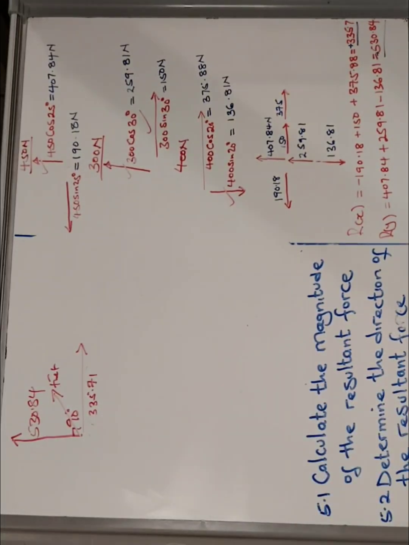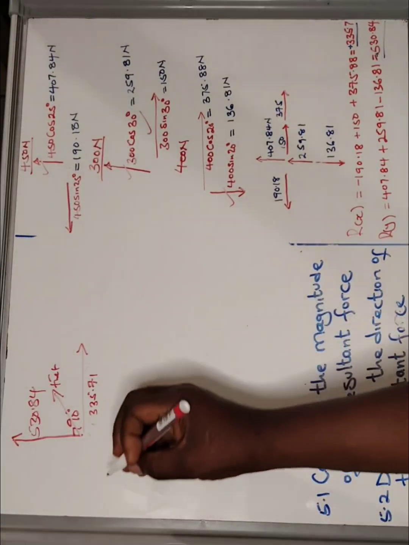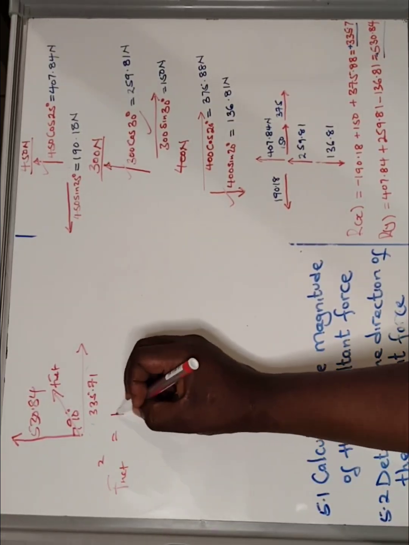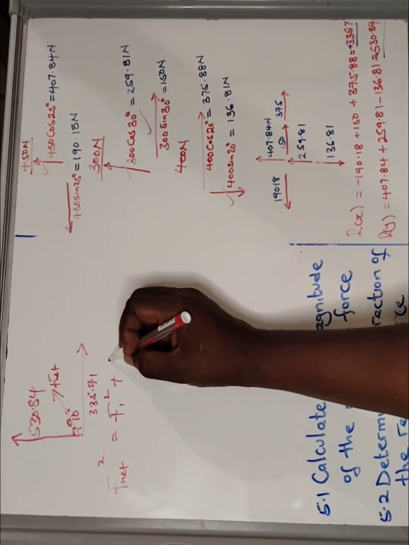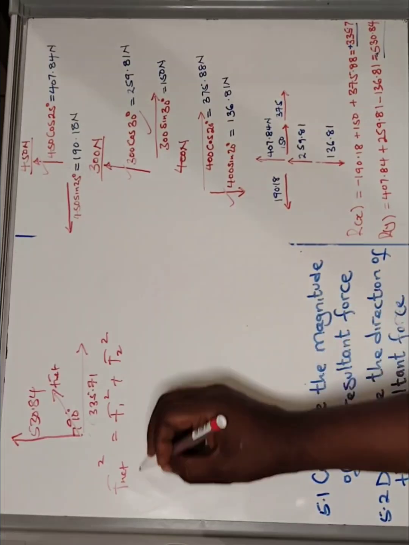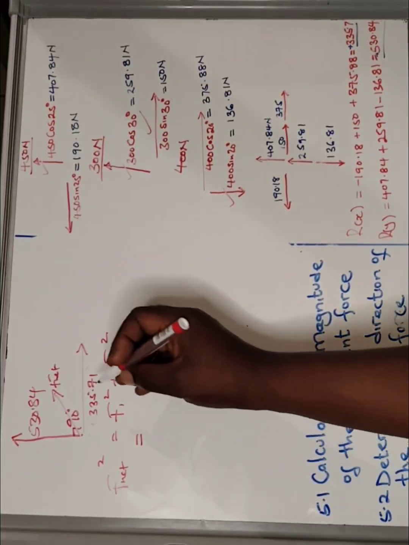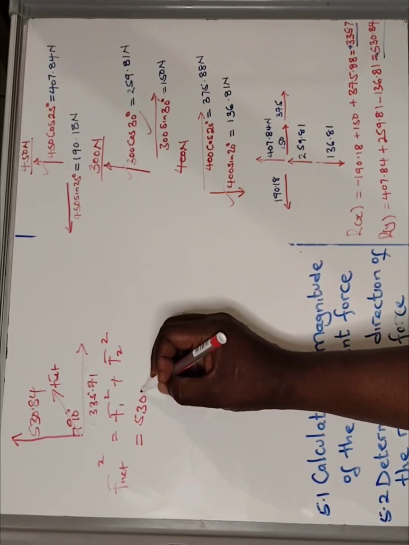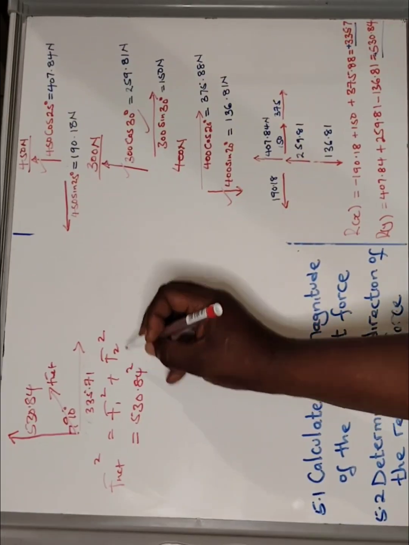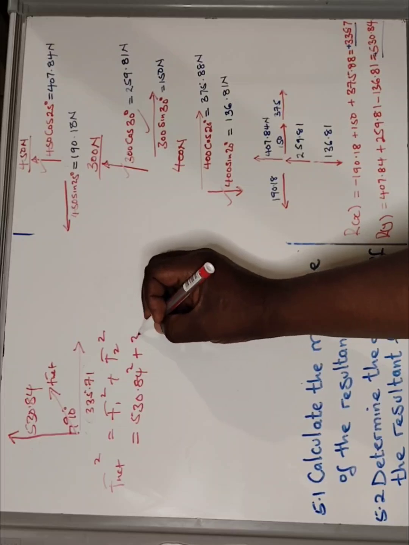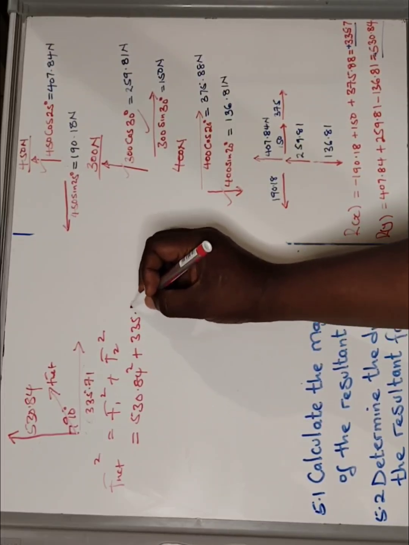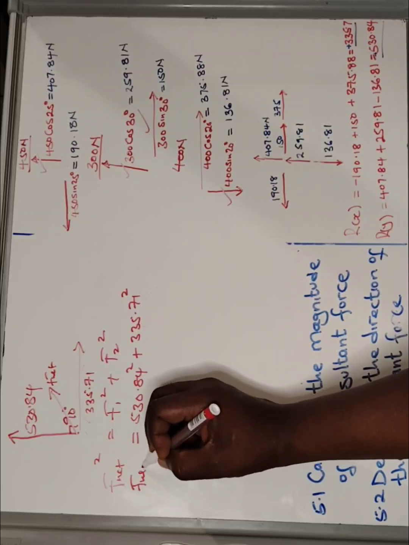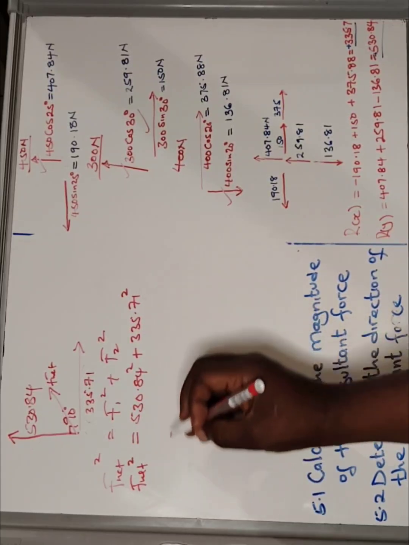So we can use Pythagoras. F net squared is equal to F1 squared plus F2 squared. We can take it as 530.84 squared plus 335.71 squared. That one is going to be equal to F net squared.